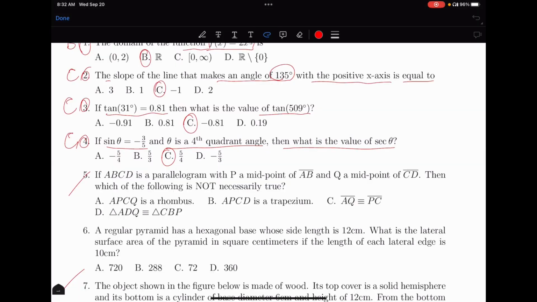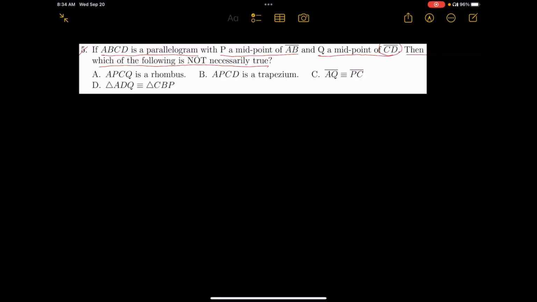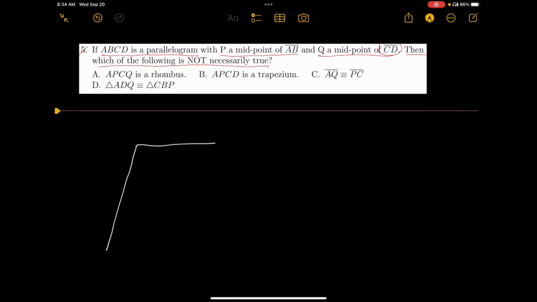Fifth question: if ABCD is a parallelogram and P is a midpoint of the line segment AB and Q is a midpoint of the line segment CD, then which of the following is not necessarily true? A parallelogram is a quadrilateral whose opposite sides are parallel.